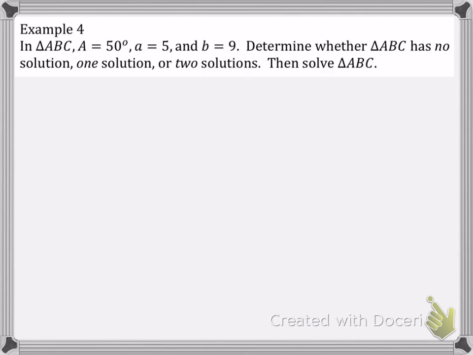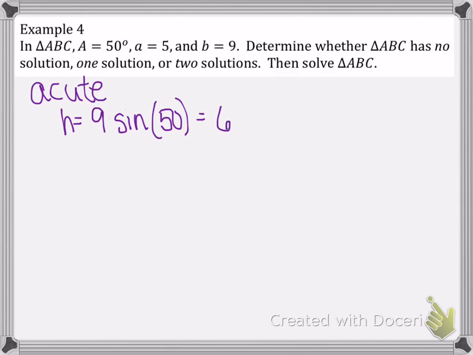Next example. In triangle ABC, angle A is 50 degrees, so that means it's acute. Whenever it's acute, I want to find my height, which is going to be equal to 9 times the sine of 50, which is going to be 6.89.